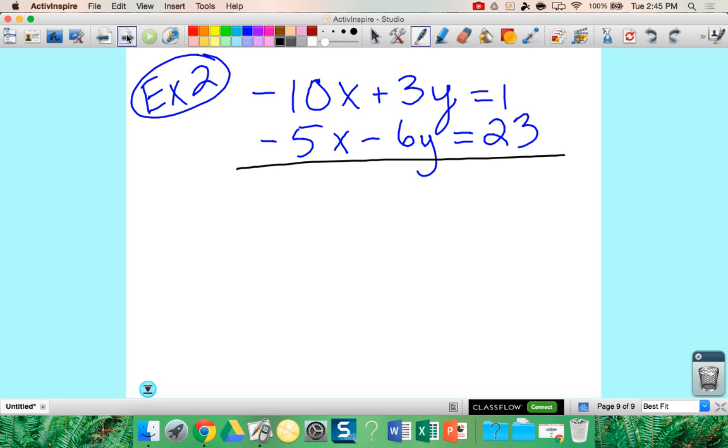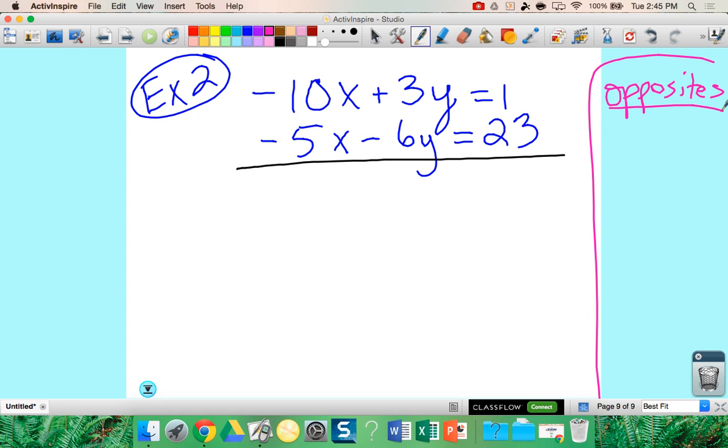No. If it helps you, write this down. Okay, opposites. It's same number, different sign.